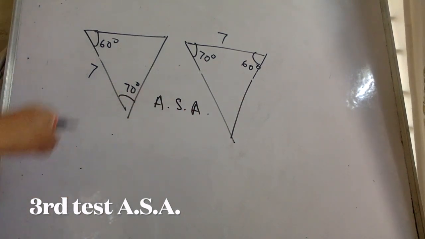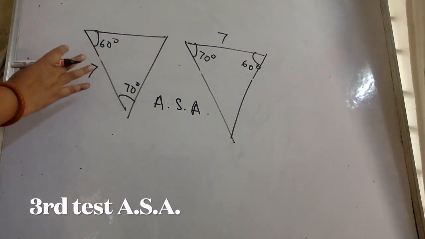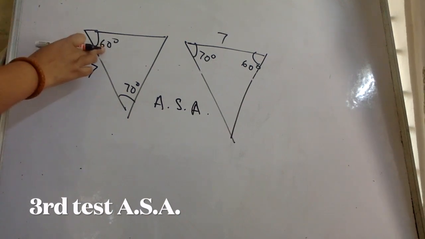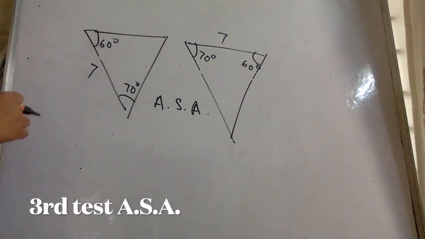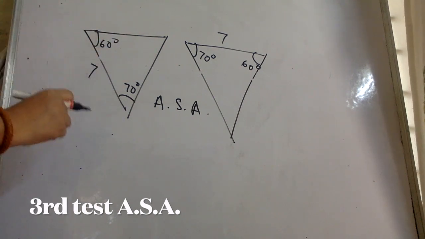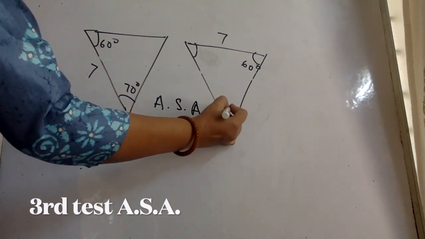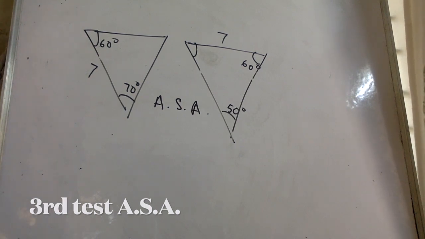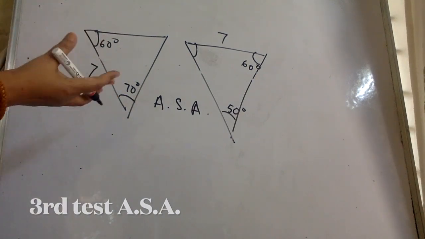Now sometimes it is not always necessary that the picture is like this. Sometimes it can also be, see, this is 130, so this is going to be 50 degrees. So supposing in one sum they didn't give us this 70, but they gave us this 50. Now what do we do? You are feeling that none of the tests are matching with it.